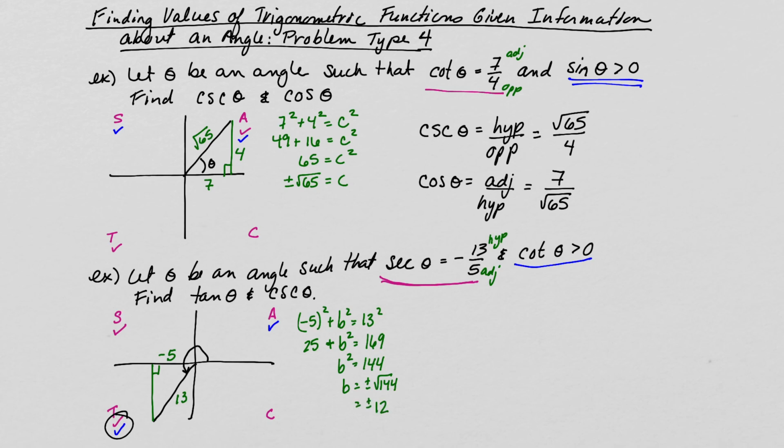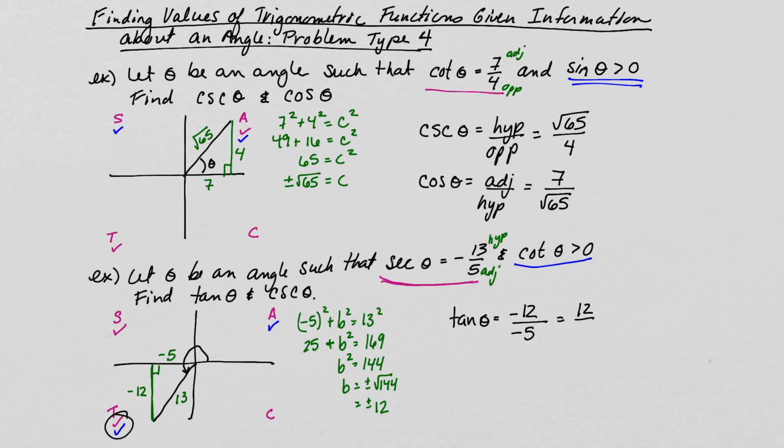So I know over here we're going to have a 12, but because it goes down, it's below the x-axis, it should be negative 12. And now that I have all the pieces of my triangle, I can figure out what the tangent of theta is. So tangent is the opposite, negative 12, over the adjacent, negative 5.